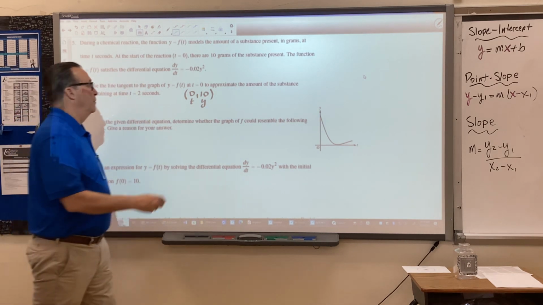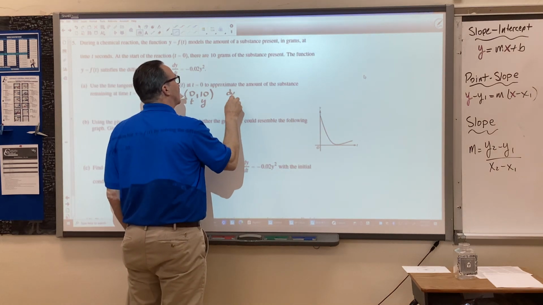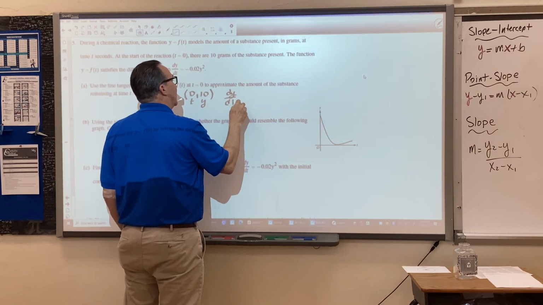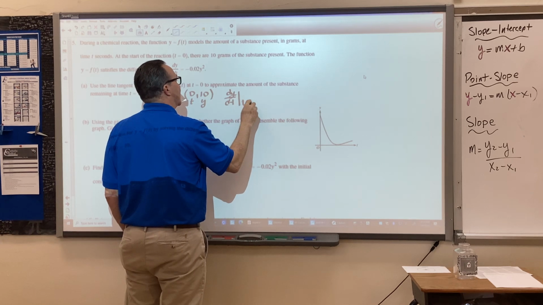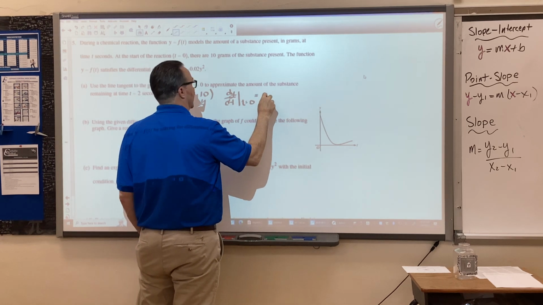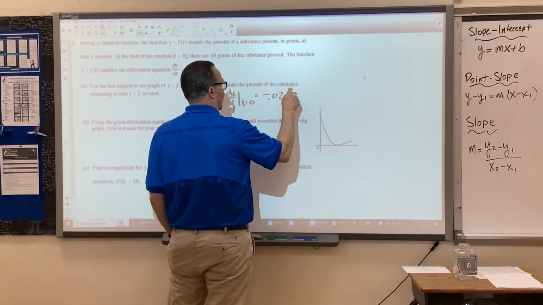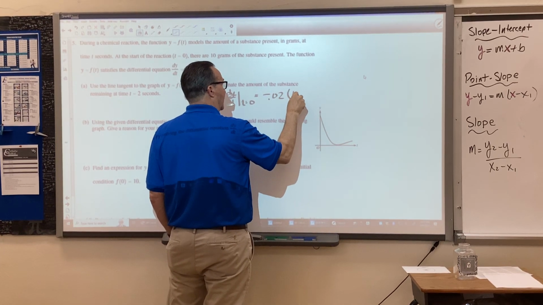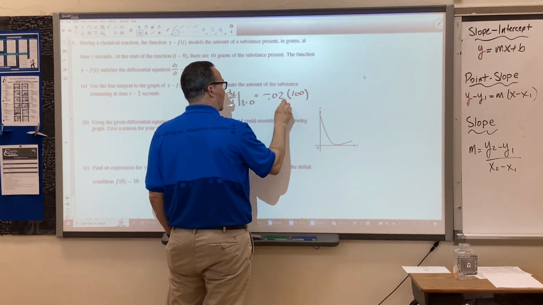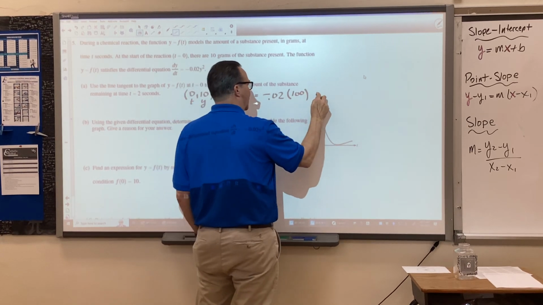So the slope at time equals 0 is -0.02 times 100, which is -2.